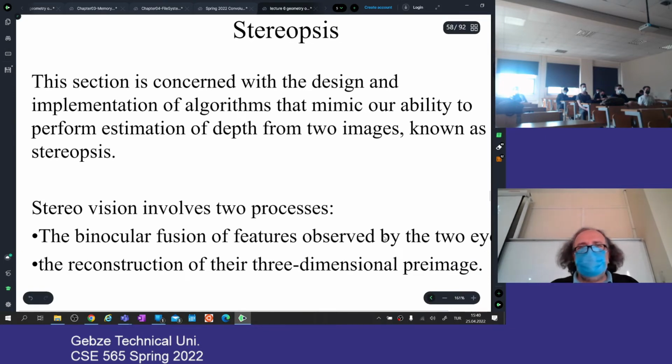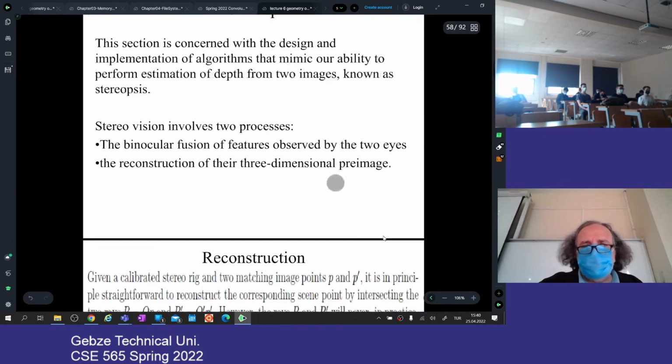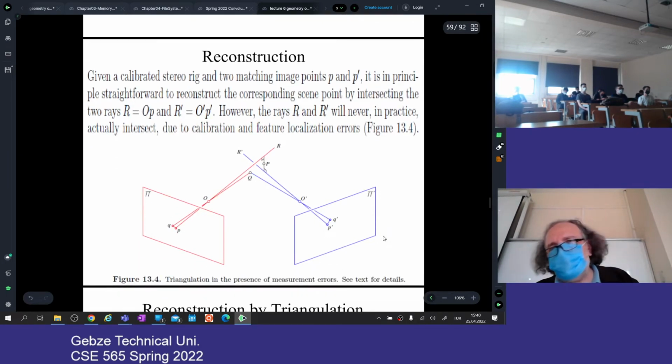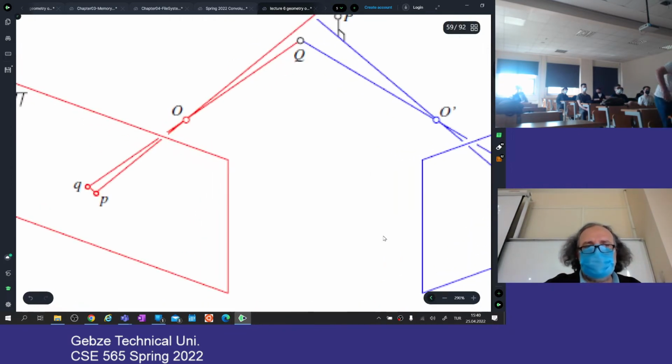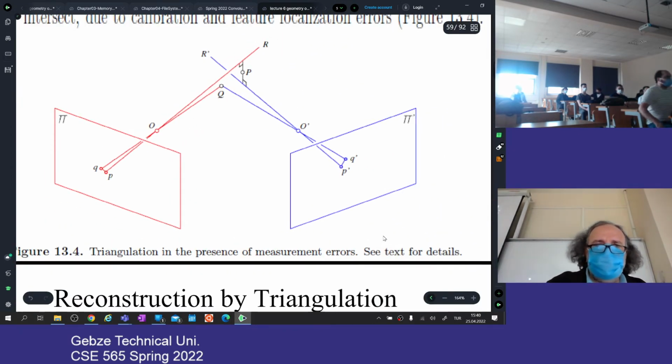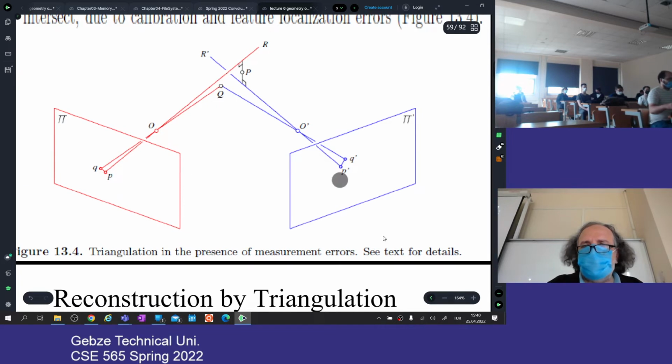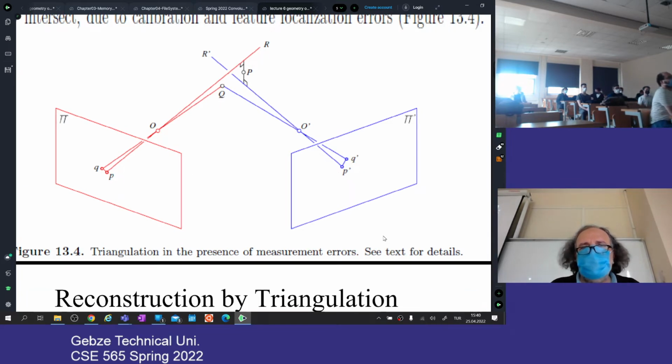We are now going to look at the reconstruction problem. You have achieved somehow the correspondence. You know that this point P corresponds to point P prime.